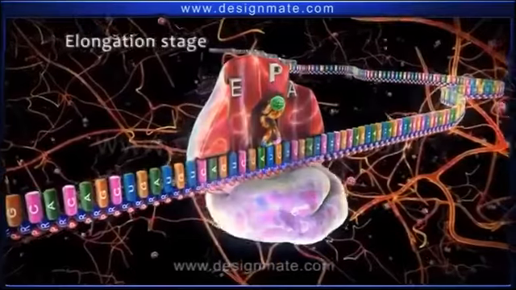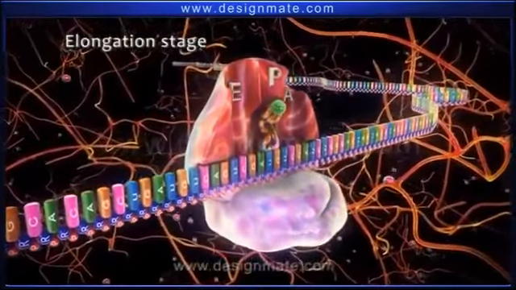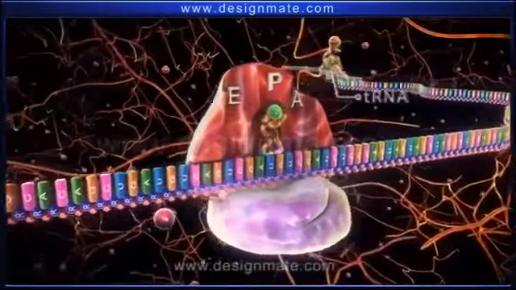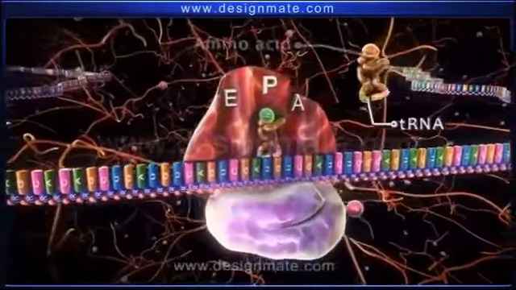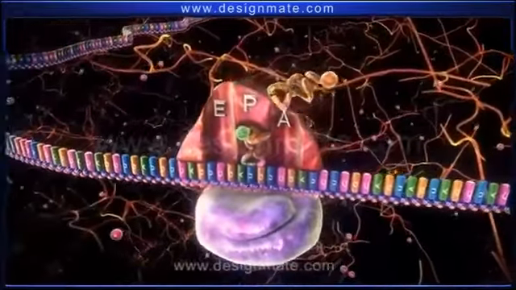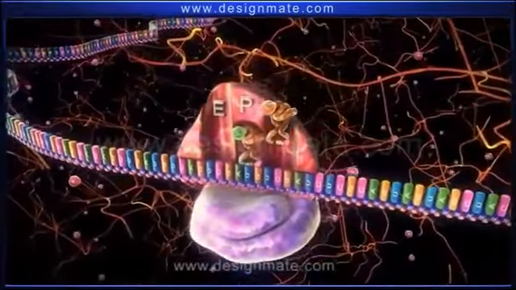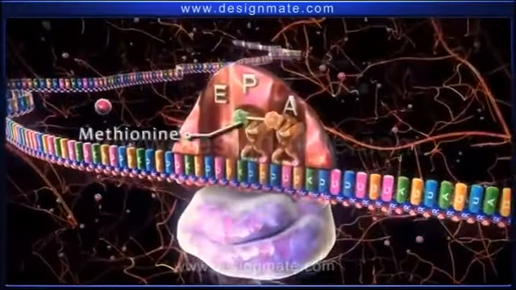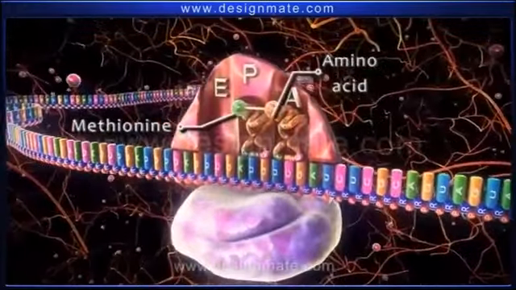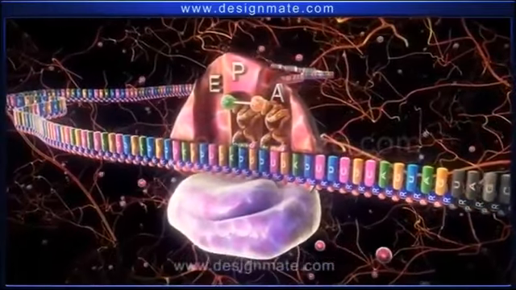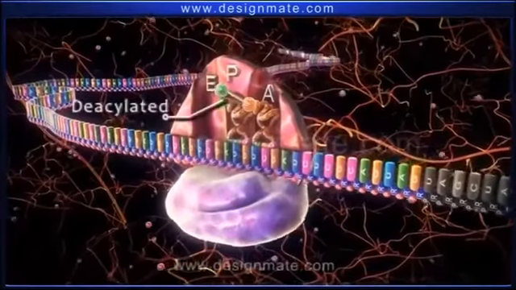This is followed by the elongation stage. During this stage, another tRNA carrying a molecule of an amino acid approaches the mRNA ribosome complex and fits in the A site. Then a bond is formed between methionine and the amino acid molecule on the tRNA. As a result, met-tRNA becomes deacylated.